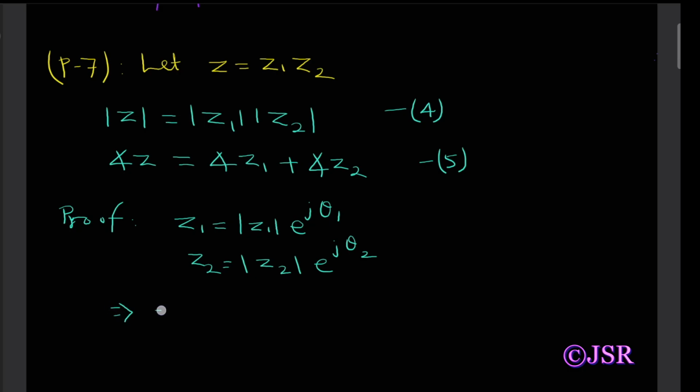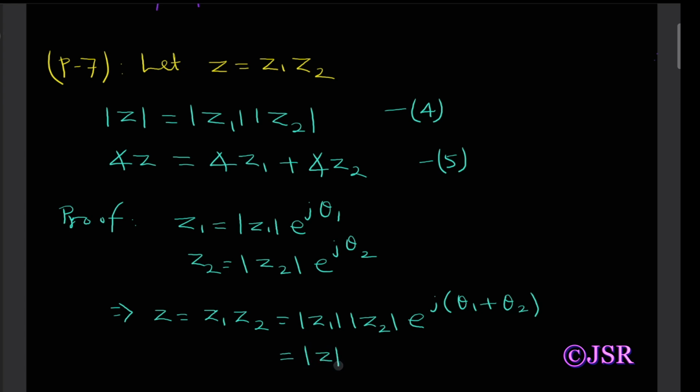Therefore z equal to z1 into z2 will be equal to mod z1 into mod z2 e to the power j theta 1 plus theta 2, which can be further simplified as mod of z e to the power j theta.